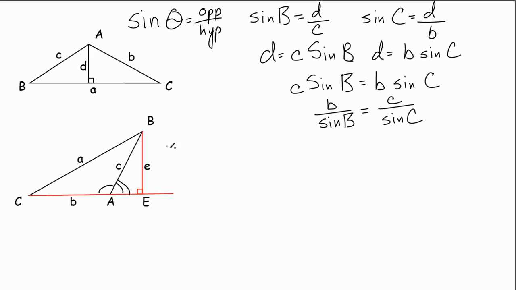That's where my second triangle comes into play. And here I got to remember one thing. Got to remember that the sines of supplement angles are equal to each other. Okay. So here, my angle CAB, my angle BAE are supplement angles because they form a linear pair.